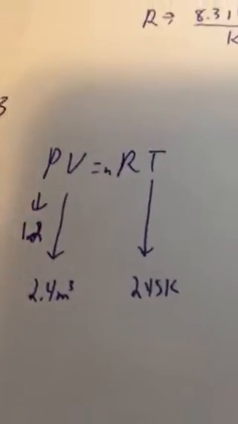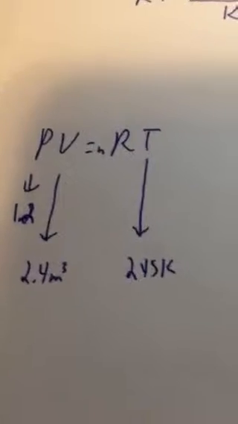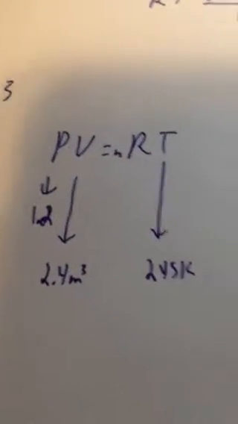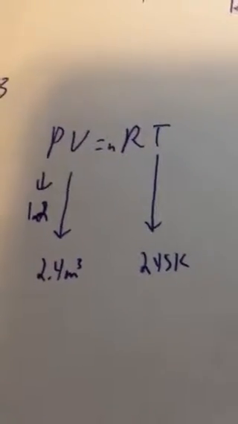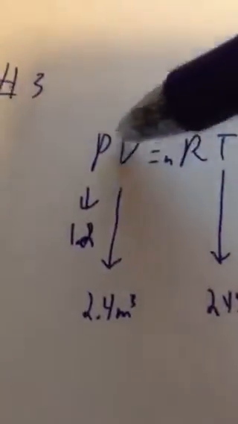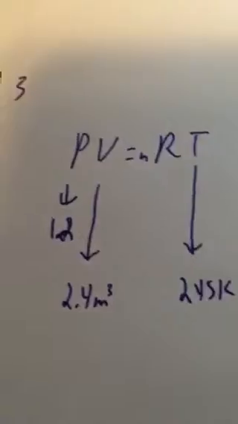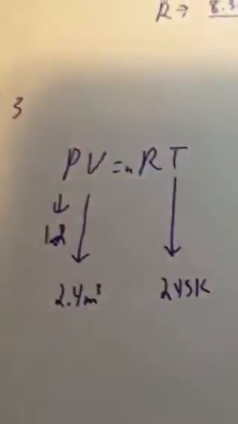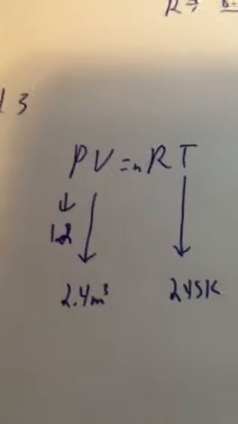Take a second and think about this for just 10, 15 seconds. If you change the temperature of something, you can change the pressure. If you change the volume, you can change the pressure, you can change the temperature, all those different things. But the one thing that doesn't change is the amount of stuff that's actually there.